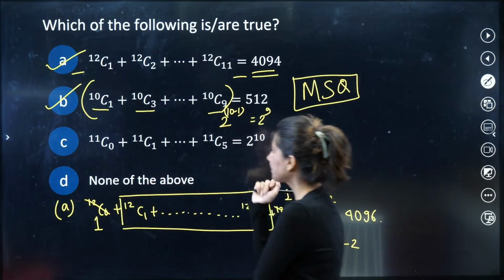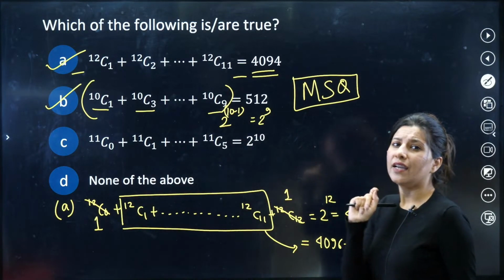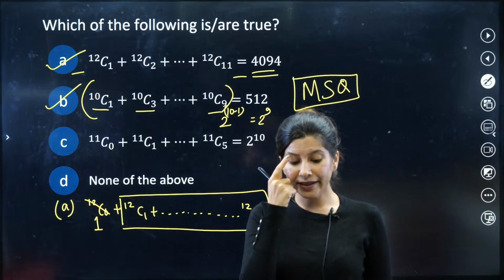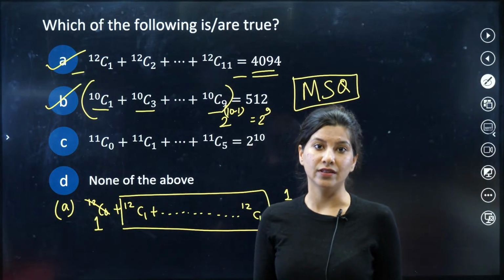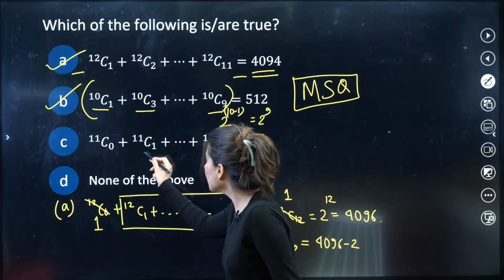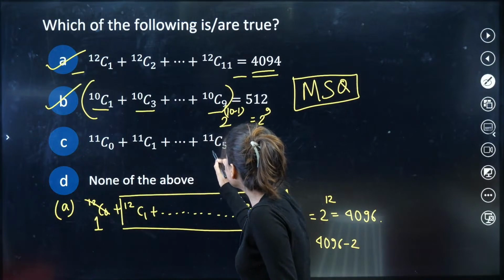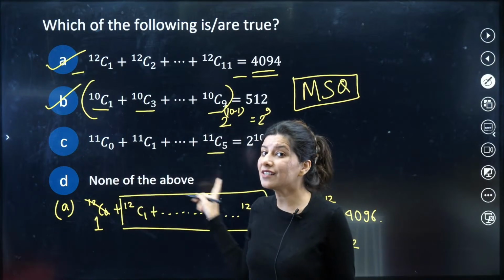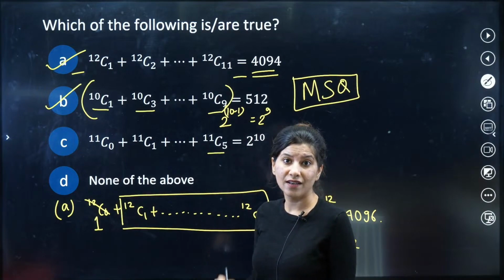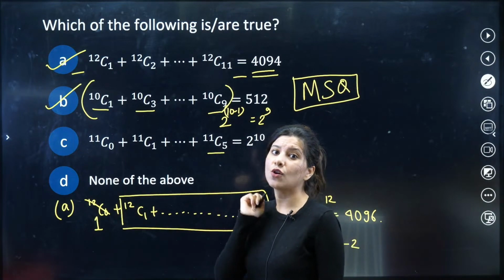Now this. Understand, please, in JEE Advanced problems, please be very attentive. So 11C0, 11C1 and last is 11C5. That means this is not a complete series.